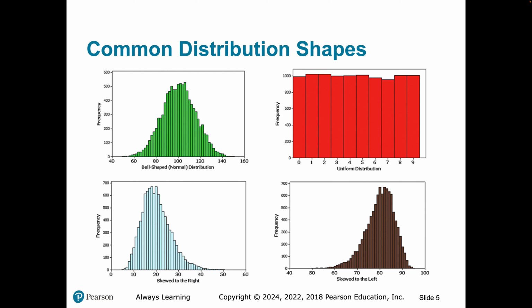And then we use these fancy statistical techniques to generalize to the population later. ANOVA, regression, t-test, chi-square, all these things I'm going to teach you later. But the purpose of a histogram is to describe the distribution shape of our sample data.